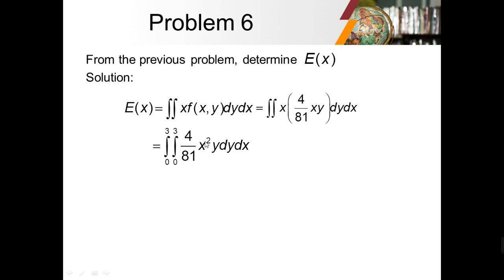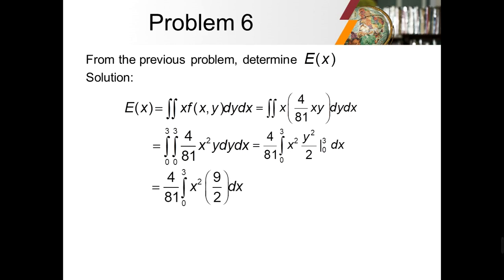Okay? Tapos, pag in-integrate natin ito, yung x squared y, ilabas lang uli si 4/81. Kung in terms siya ng y, copy lang muna si x squared. Yung y dy is y squared over 2. Okay? Tapos, substitute yung limits from 0 to 3.